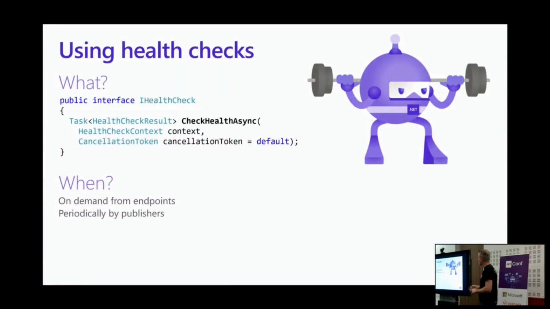All right, so how do you use them? The health checks, because each health check checks a particular thing. And you can implement those with an interface called IHealthCheck. It has just a simple asynchronous method, CheckHealthAsync. It gives you a bit of context, which is things that have been registered, and a cancellation token, because you can stop it if it's a longer lasting operation.